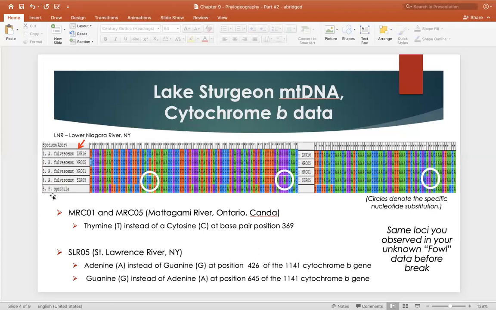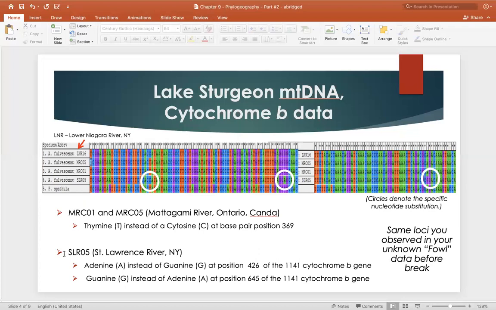Now, as we look at each one of these sequences, things that are important to see from our findings but are not all depicted on this visual imagery is we noticed that there were very minimal base pair differences between all 42 samples. In this case, we noticed that those organisms residing in the Matagami River in Ontario, Canada, exhibited a single base pair difference, where those residing in the St. Lawrence River had 2.